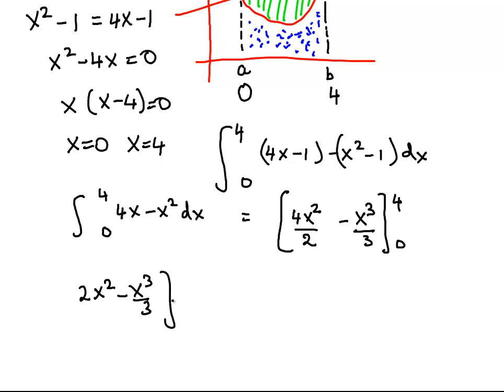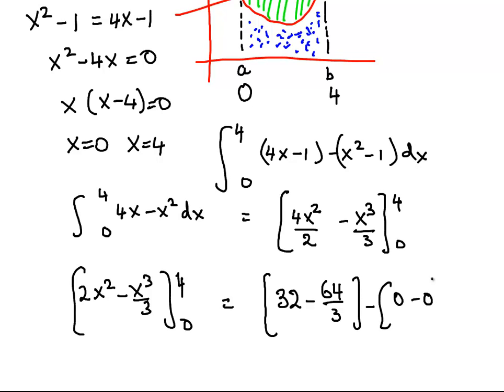So from 4 to 0, or 0 to 4 even, that is equal to 4 squared is 16 times 2 is 32. 32 minus 4 cubed over 3 is 64 over 3. Minus 0 minus 0.